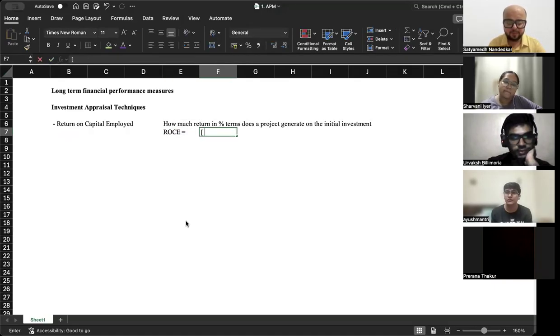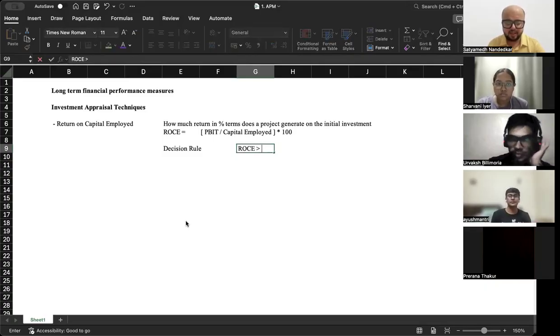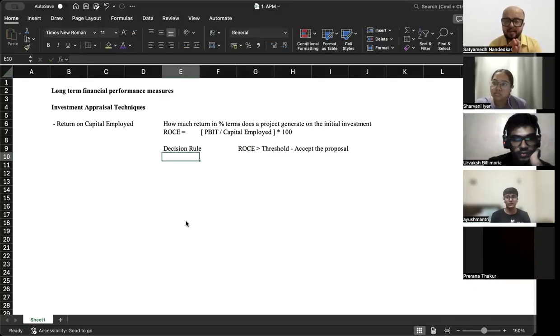ROCE is profit before interest and tax divided by capital employed into 100. What is the decision rule? If ROCE is greater than the threshold, then accept the proposal.